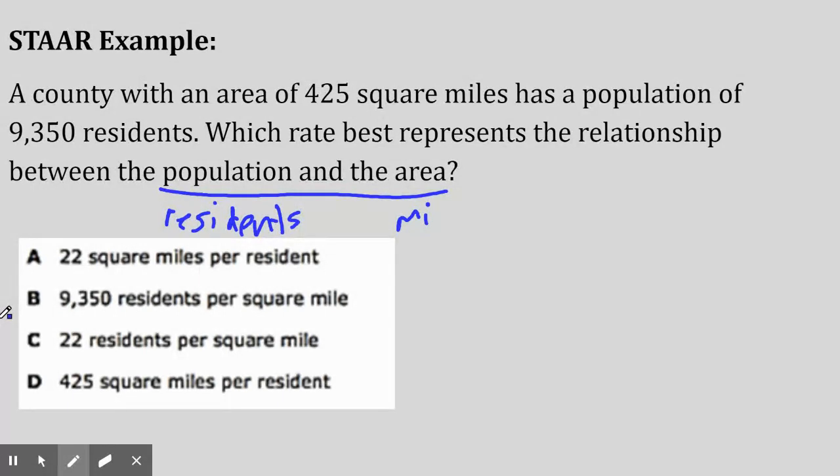You may have seen this already, but B says 9,350 residents per square mile. Well, we know that's not true because our problem itself says 9,350 residents in 425 square miles. So it can't be the same. So B is automatically gone just by logic.